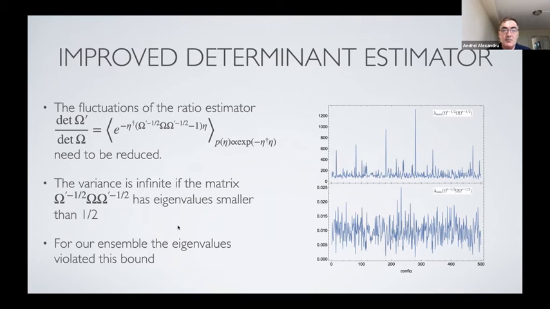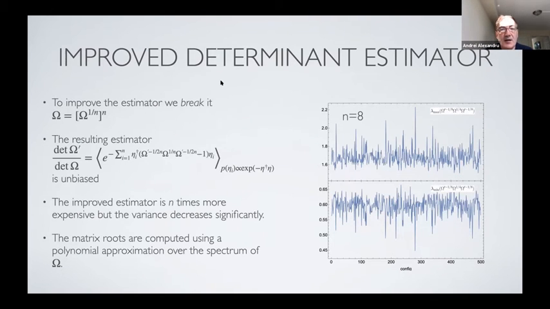So you have to figure out an estimator that doesn't violate this bound. This one does. No, all is lost. There are standard techniques to deal with this kind of problem.